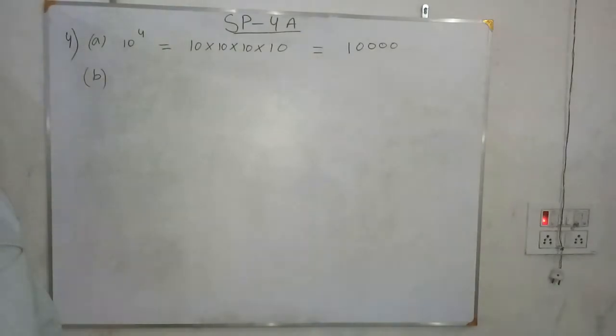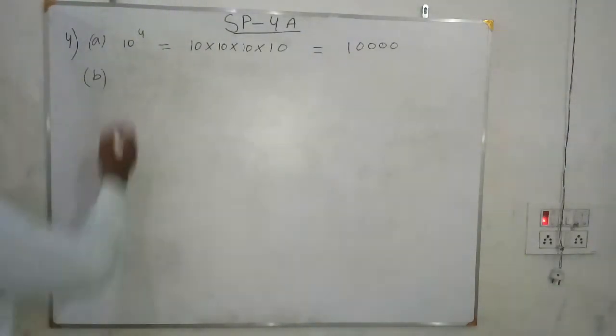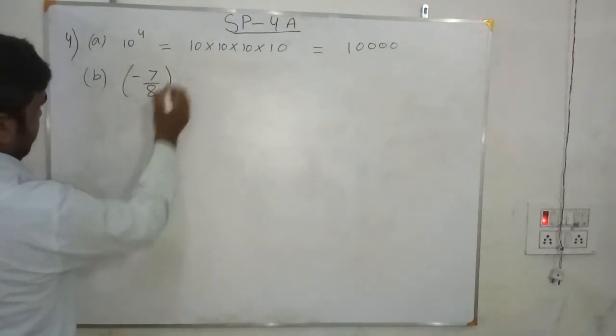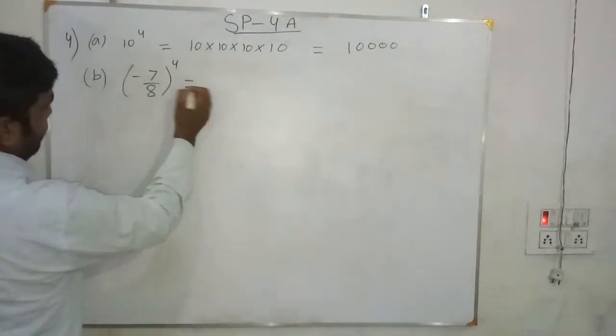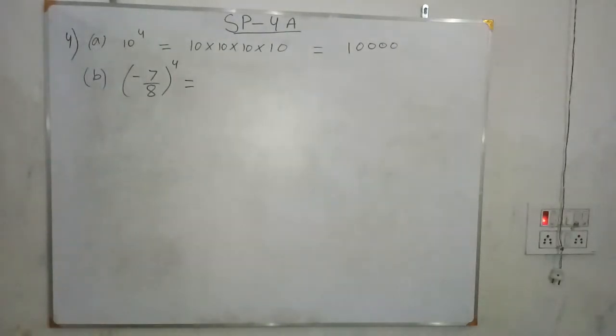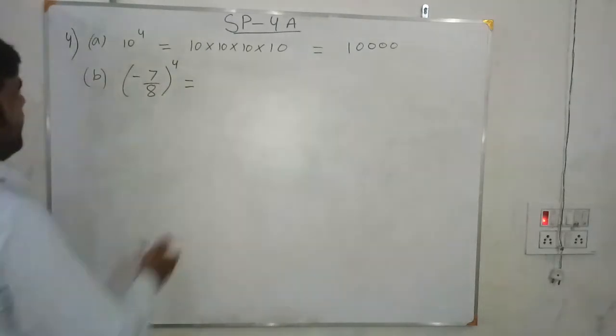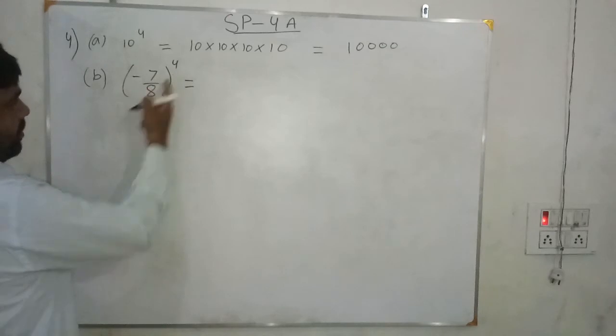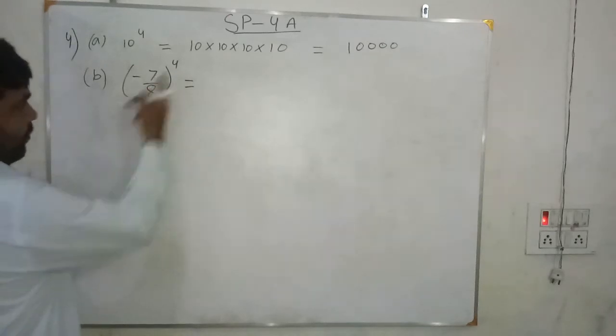B is (minus 7 by 8) to the power 4. How do we write this as repeated multiplication? Again we multiply this minus 7 by 8 four times. The base is minus 7 by 8 and the exponent is 4. So this base should be multiplied by itself 4 times.